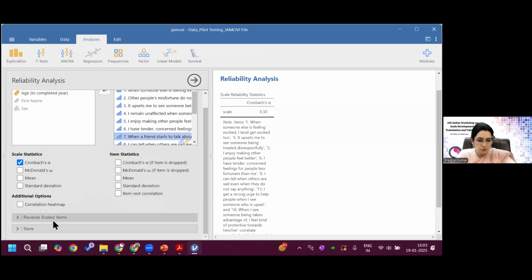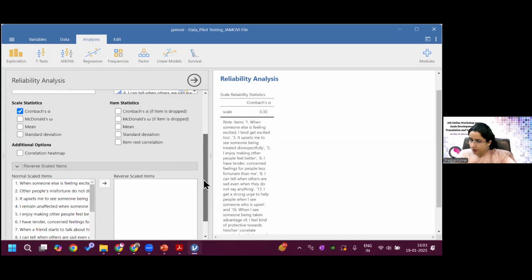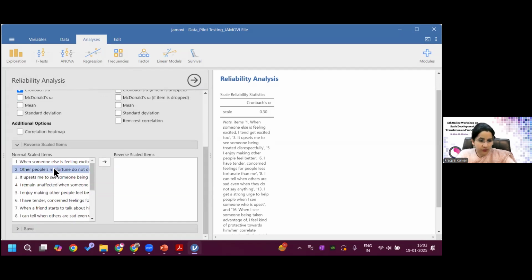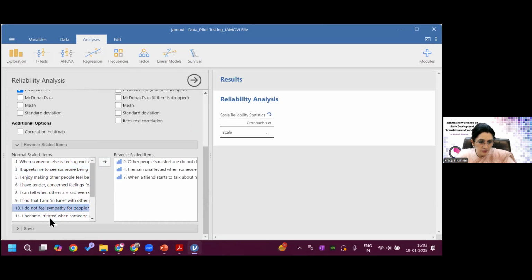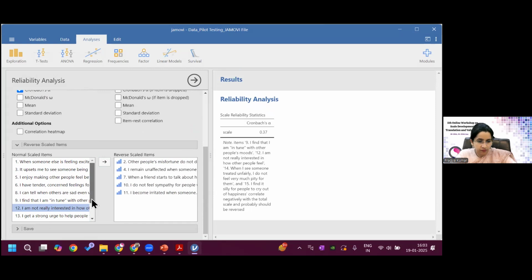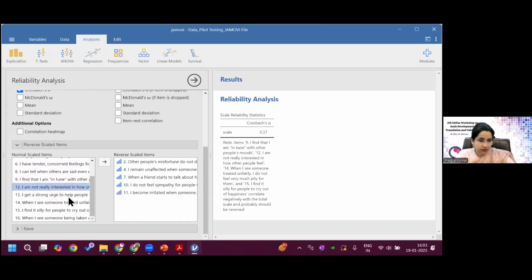So you go to this reverse scaled item and move item 2, 4, 7, 10, 11, 12, 14, and 15.